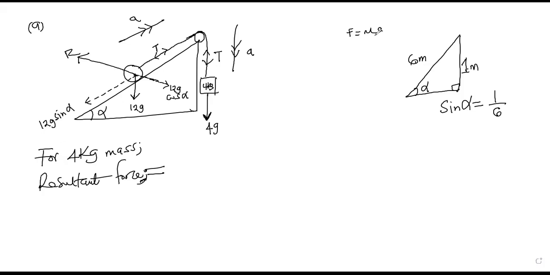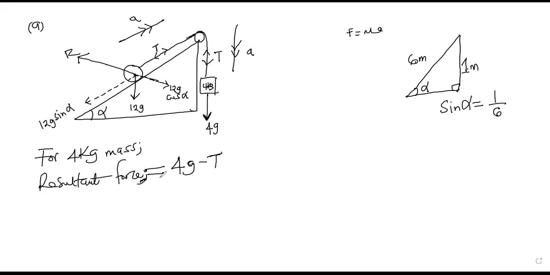Where is the body accelerating to? It is 4G minus T. Since the body is accelerating downwards, T cannot outweigh 4G. It means that this 4G is moving all the forces.